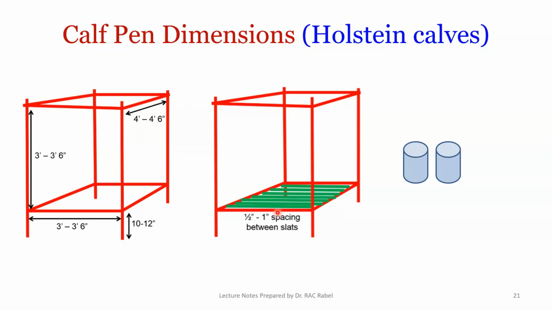Because if you use, let's say, 10-inch wide lally or planks, then the urine and feces will stay on top of it. It will not fall right through the gaps. But if you use reaper, then it will fall through the slats, between the slats, onto the ground.